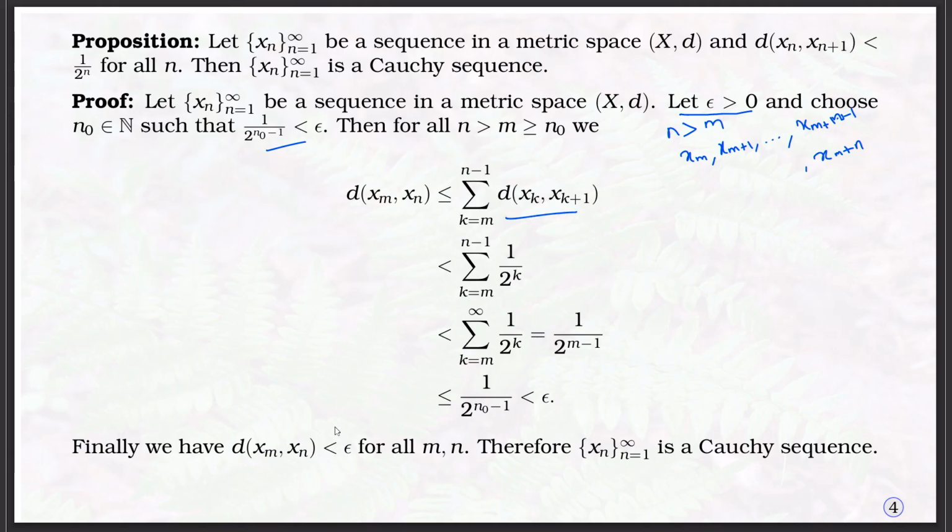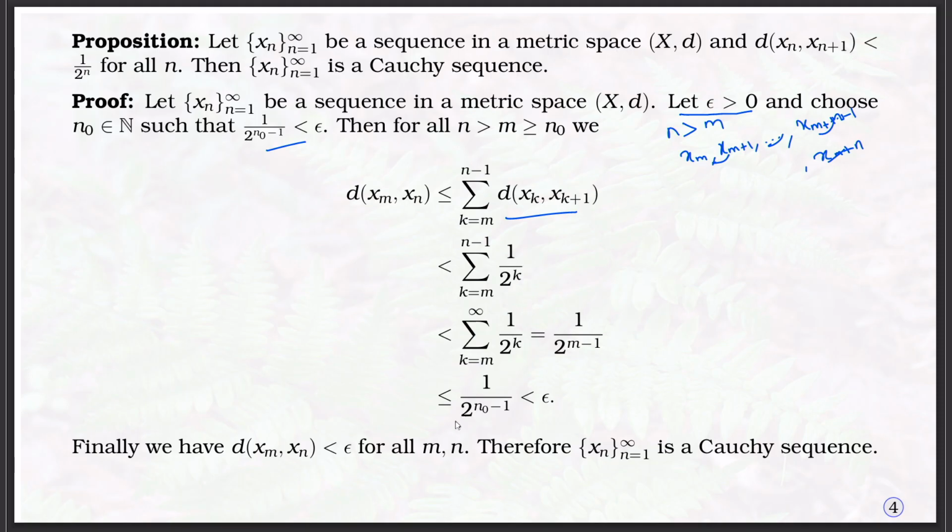Then we assume that the distance between x_n and x_{n+1} is less than 1 over 2^n. So, here in each term the distance between two consecutive elements is less than 1 over 2^k, where k runs over m to n minus 1, so there are n minus m terms.